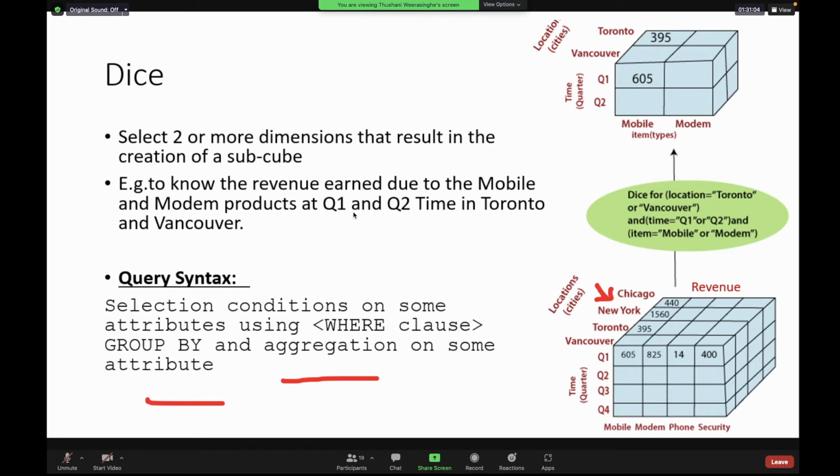Now here you can see that of the time quarters, you have selected only 2 of the 4 quarters. Then you have selected from mobile, again only 2. These first two have been selected here. Part of the information will be taken to prepare the subcube.